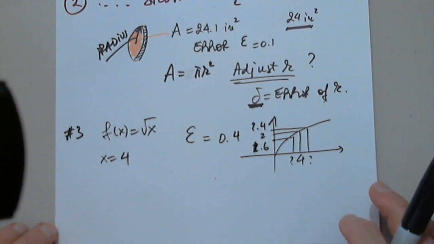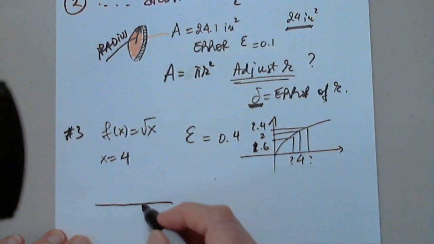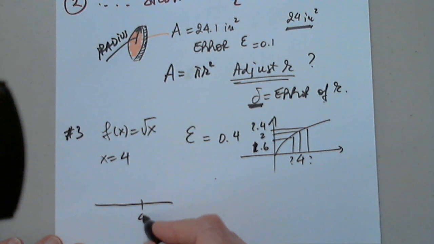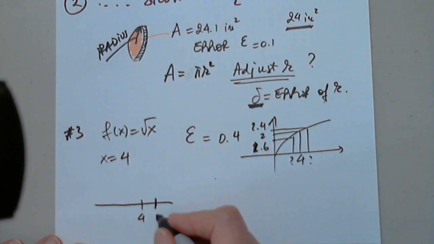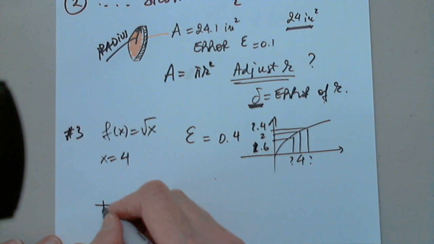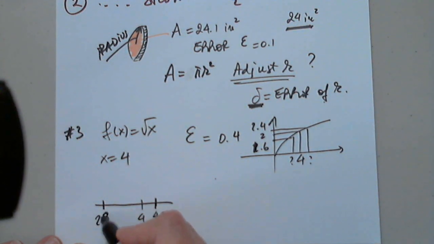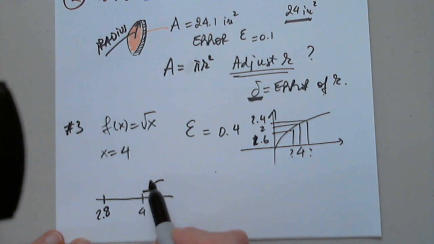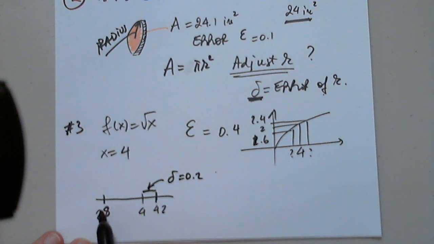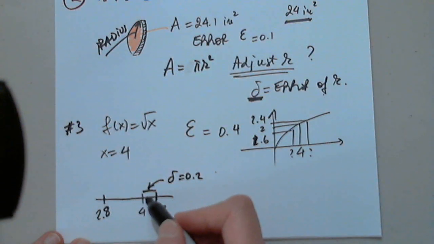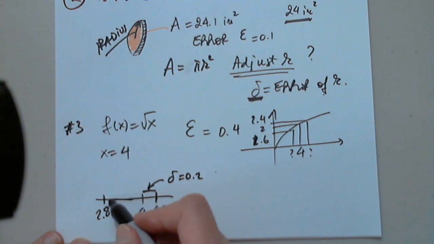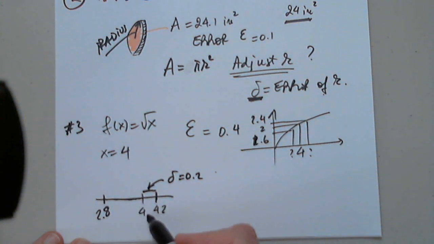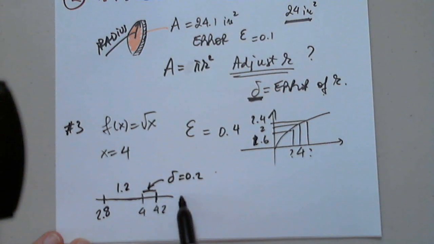Let me explain why we have to choose the smallest of the two. Let's say this is our x, this is the 4. Then I get here, let's say, 4.2, and I get here, let's say, 2.8. So I have to choose delta to be 0.2, because if I choose 2.8, then from 2.8 to 4 is a distance of 1.2, and then 1.2 will be 5.2 here.